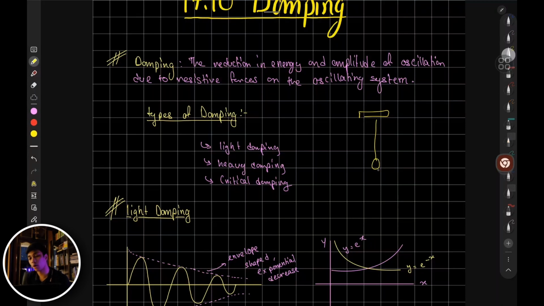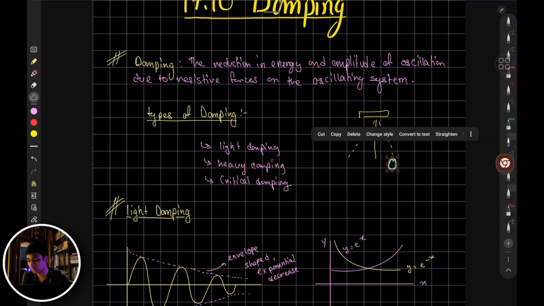So for this bob, if it oscillates, let's say from this position, which is over here, to let's say over here, right?